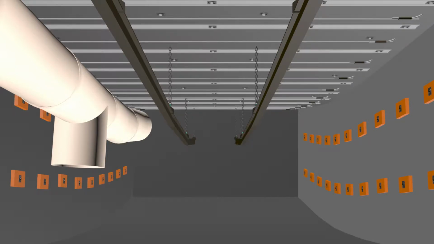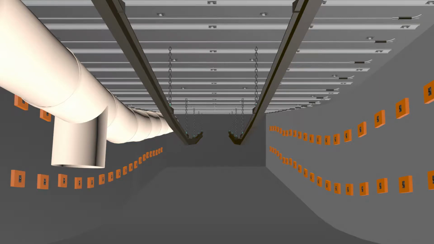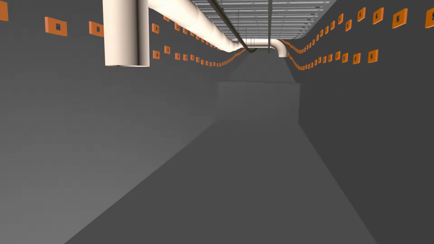The T in the vent tube is to allow for ventilation in a turnout. The final pass is then completed in the vertical curve area.